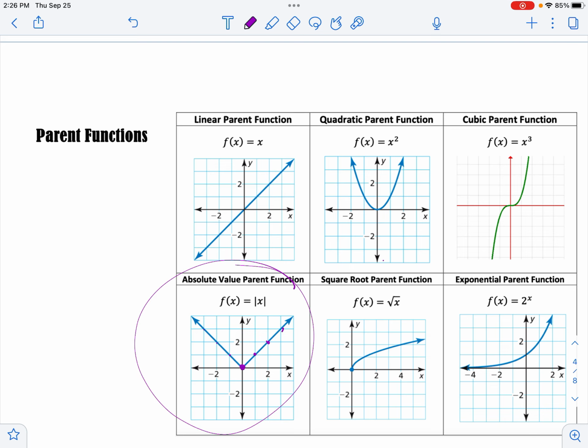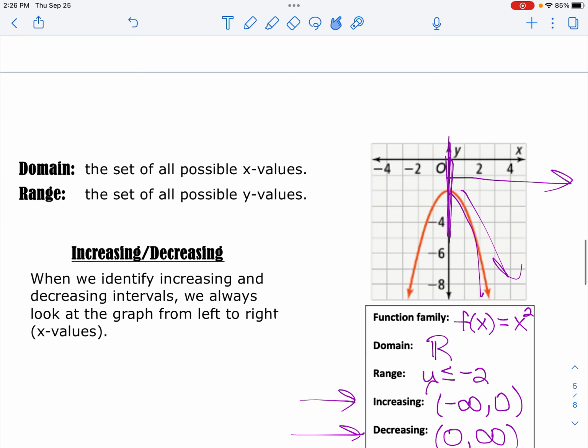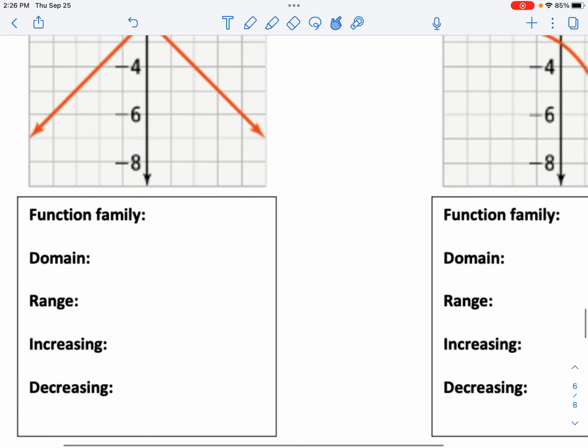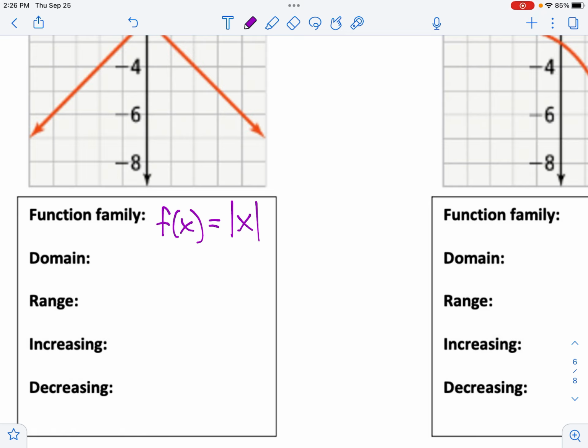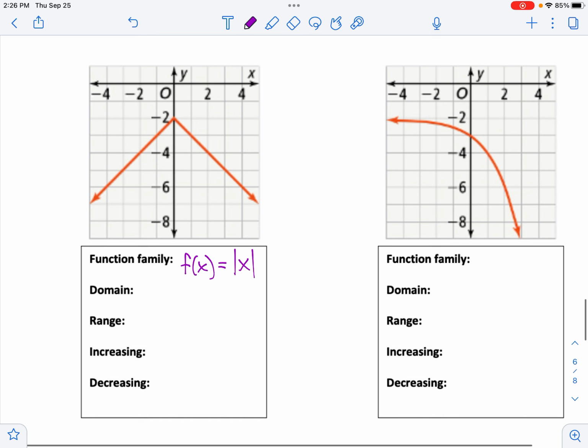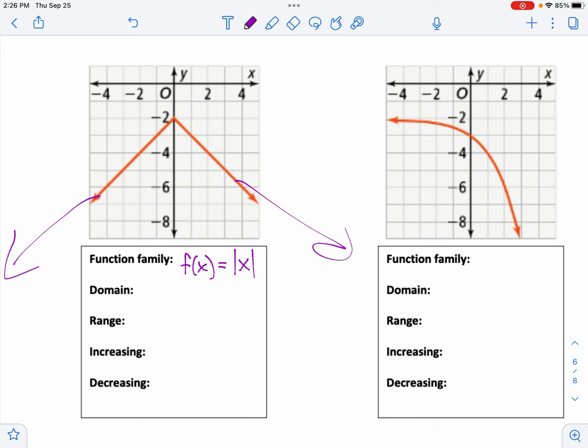So I'm going to say my parent function or function family would be the absolute value function family, or f of x equals absolute value of x. And then the domain, from x, this keeps going this way and this way. So the domain goes from negative infinity to positive infinity, or all real numbers.